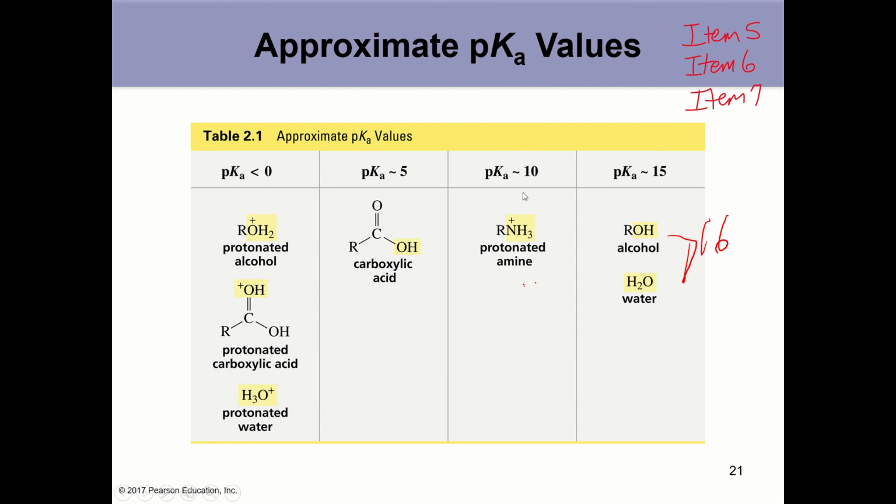The previous slide said 10.7 and 11, but here they're saying approximately 10. I remember 11 when I think of it. You can pick whether you want to remember it as 10 or 11, but these will give you a reference point for when you have to rank the molecules without having been given the pKa's.